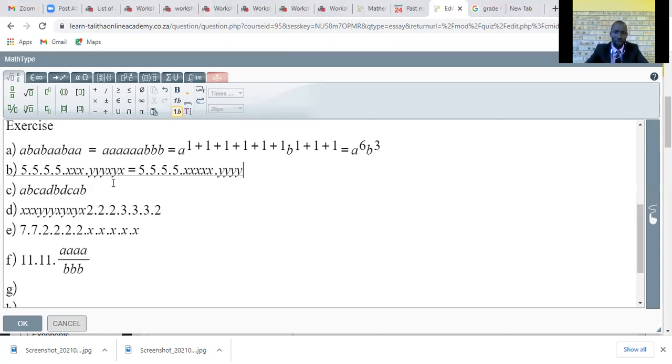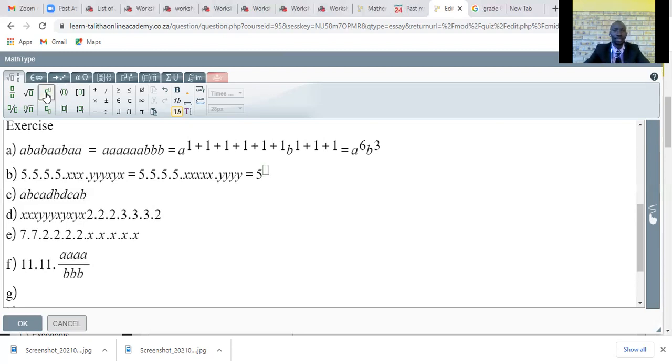We have grouped them. Now, after grouping them, we want to count the numbers there because each number represents each power. So 1, 2, 3, 4. So it will be 5 with exponent of what? Of 4. Yes. Then the next is to have x.